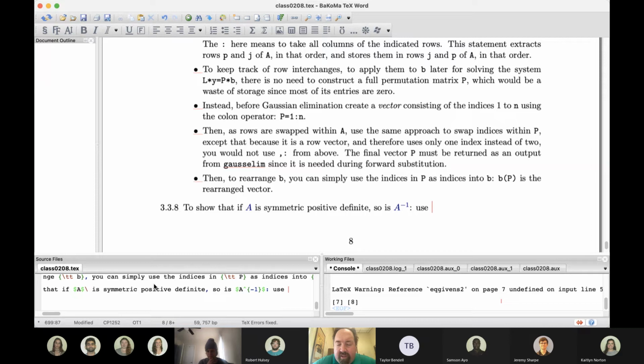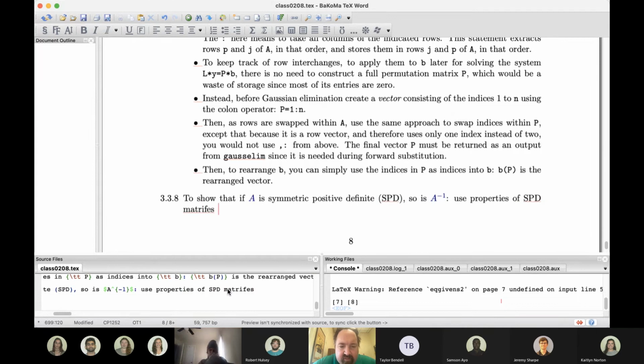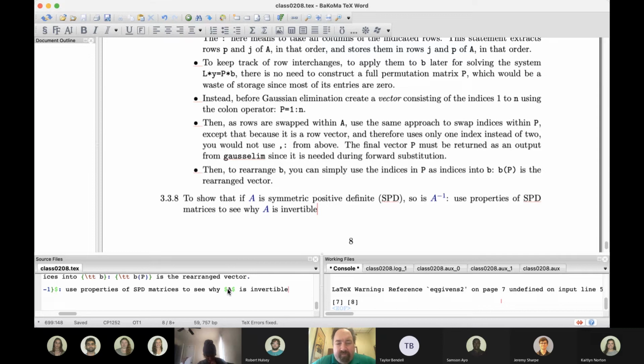If you use properties of symmetric positive definite, or SPD, matrices, that can tell you why A is at least invertible. And in fact, that's discussed there among the properties.